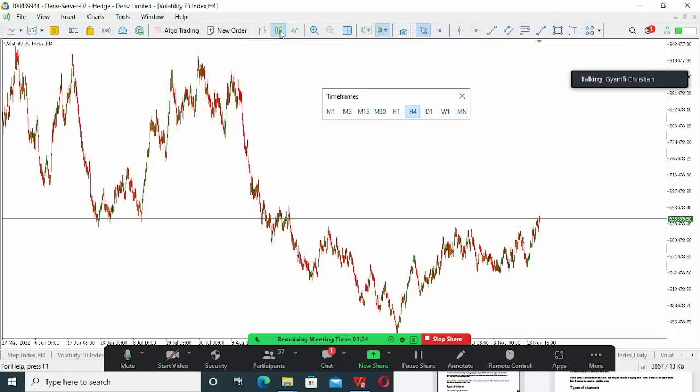When you switch from the line chart to candlestick and zoom out, when you squeeze it, it looks like the line chart. So when you zoom and then mark it, it mostly ignores the wicks that we have.